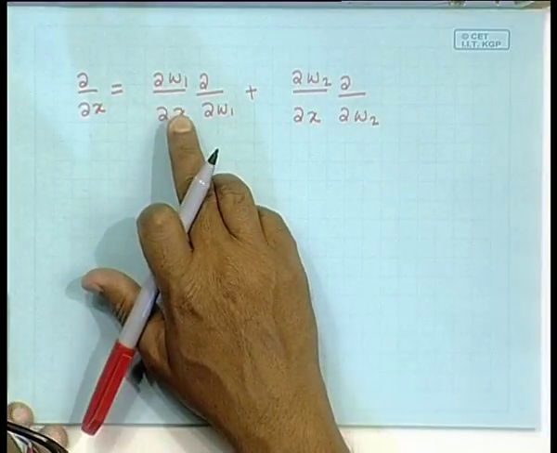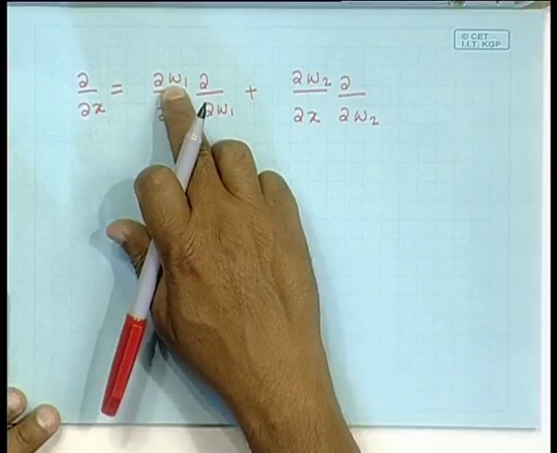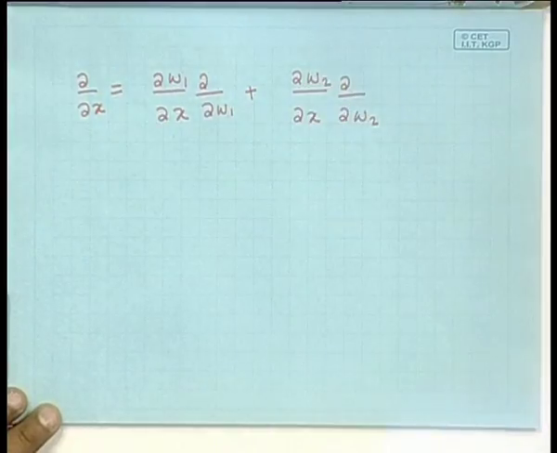And so you have to now calculate the derivative of w1 with respect to x, and the derivative of w2 with respect to x.